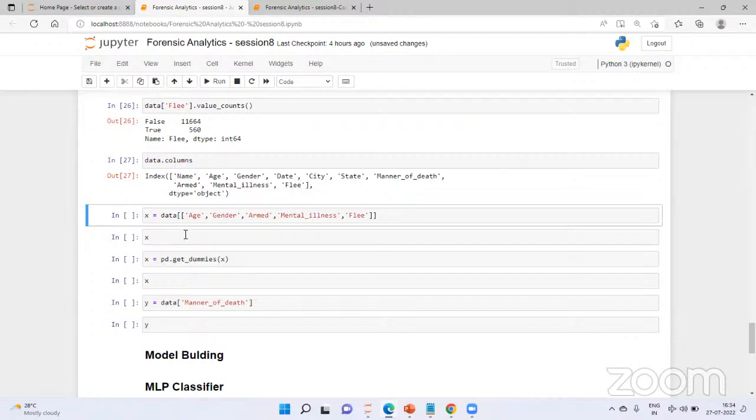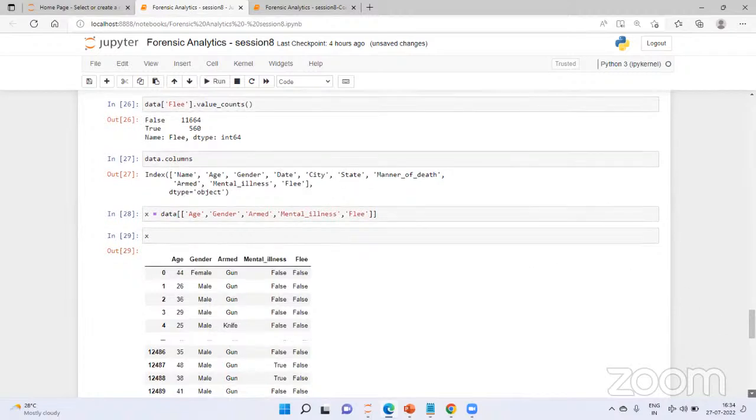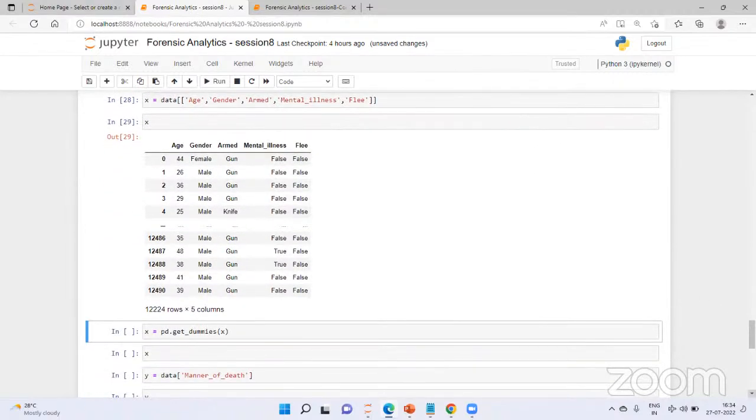Yes. So next, what will be my X? Here I will execute this. So what is X? This is the data set consisting of age, gender, armed, mental illness, flee.